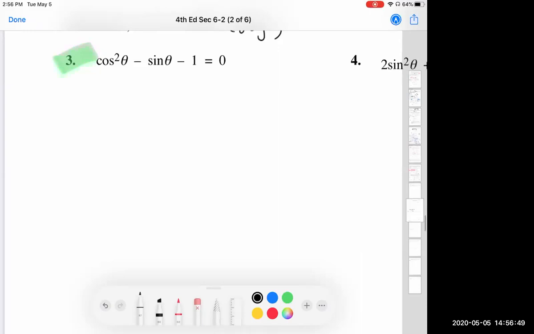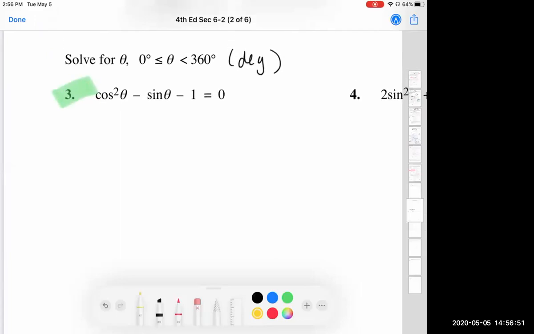All right, so we're going to change our cosine squared using our Pythagorean identities. We know that cosine squared theta is equal to 1 minus sine squared theta.